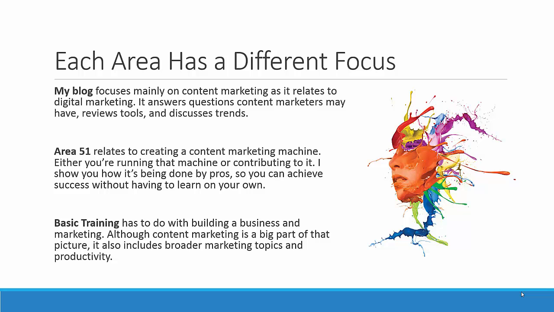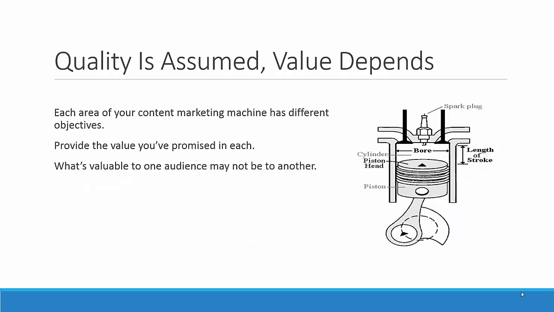They're building that business and they want strategies that will help them use content and other marketing areas in order to build their business. That's basic training. So as you can see, each idea I come up with is going to fit in one of those three areas. But it's not a question of the quality of the idea. It's a matter of which value proposition I am meeting.